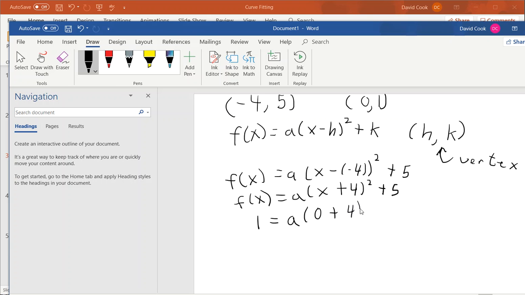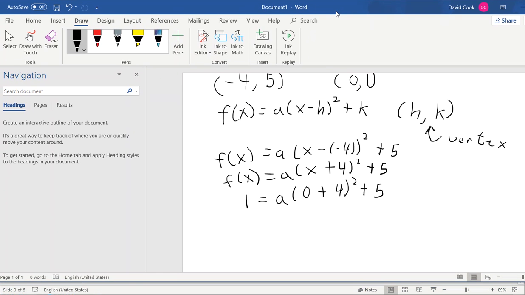So I'm going to solve this equation that you see right here. Let me move this up just a hair. Now let's continue. So 1 equals a times 4 squared plus 5.